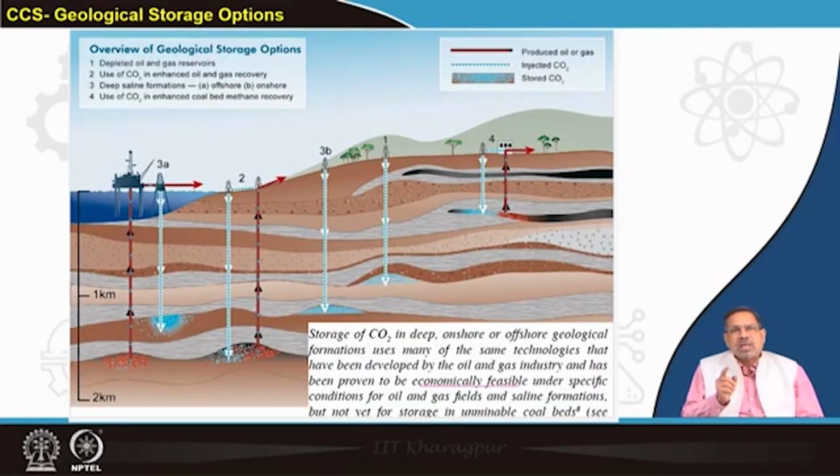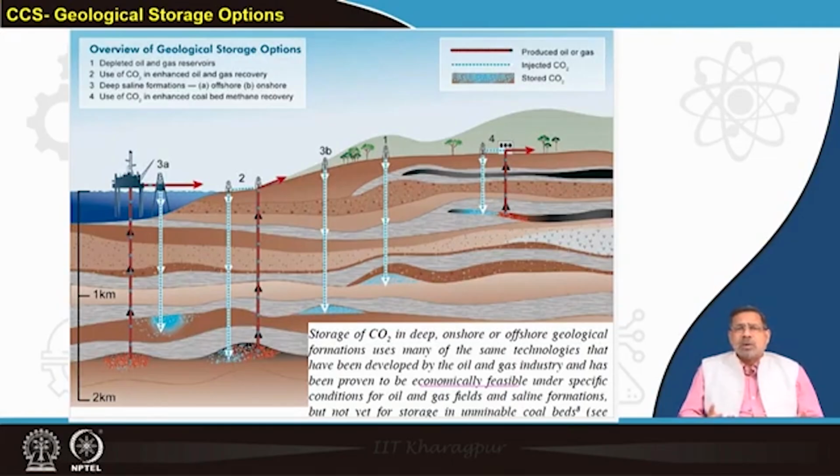And then coming to the third one, 3A and 3B. So A and B, onshore and offshore, you can see on ground. So deep saline formation, wherever the saline formations are there, you can see the carbon dioxide can remain because both have different pH. Coming to the fourth one, use of carbon dioxide in enhanced coal bed methane recovery.